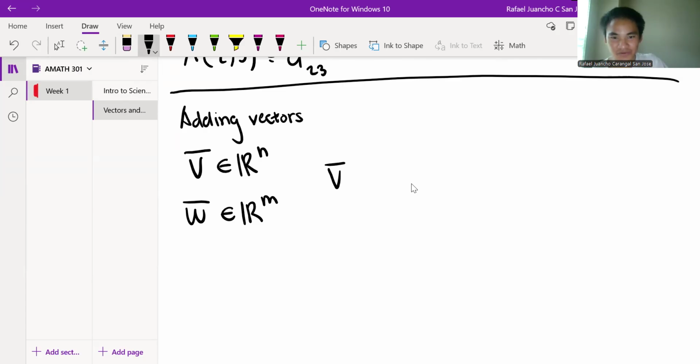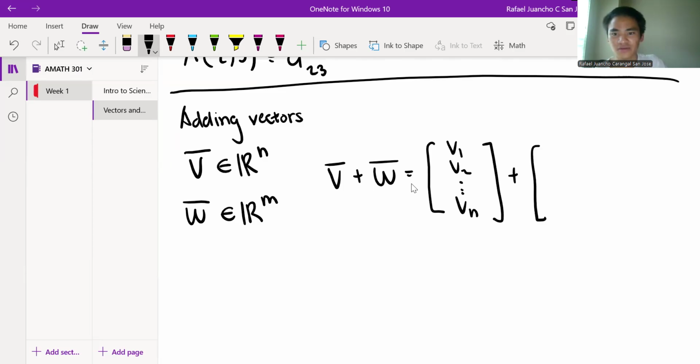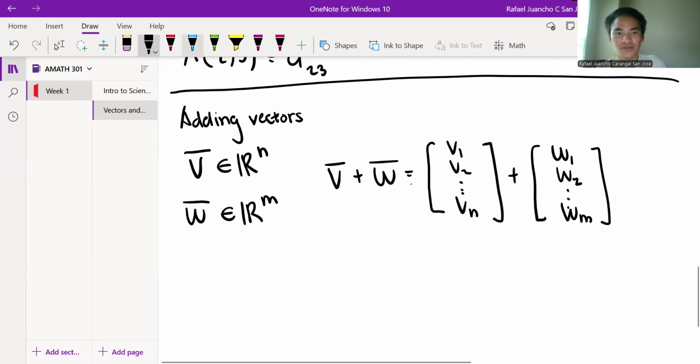So we want to add these two vectors. How would that look? Let's make it general. We have v1, v2, all the way to vn, because we have n rows, and we're adding it to w1, w2, all the way to wm, because we have m rows.